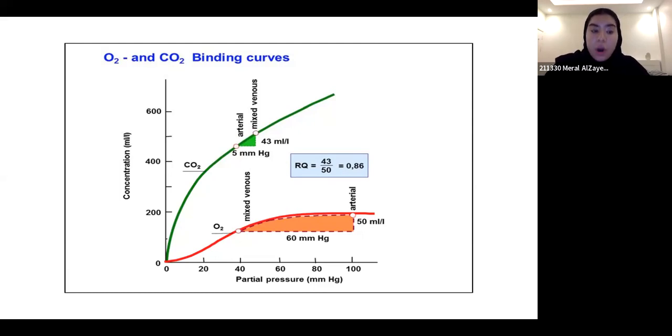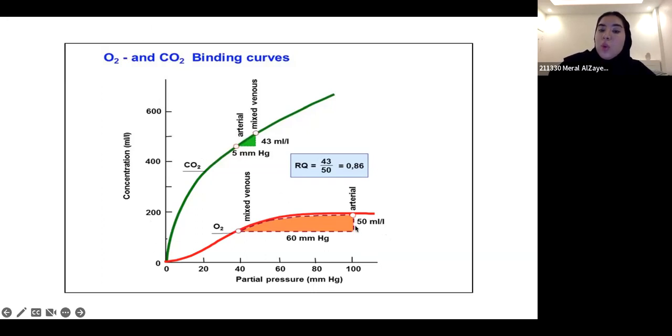This will lead our partial pressure to decrease by 60 millimeters of mercury. Let's say we start at 100. It's around 200, but the doctor said 100, so we'll say 100. By the time we pump our blood and it goes all the way down to our legs, we lose 50 milliliters per liter of the concentration of oxygen.